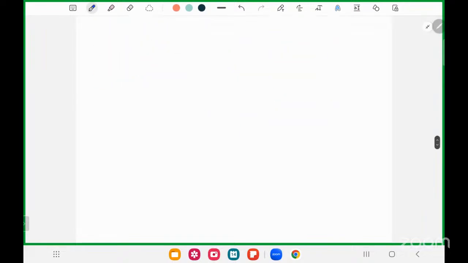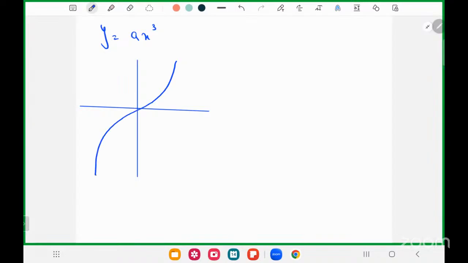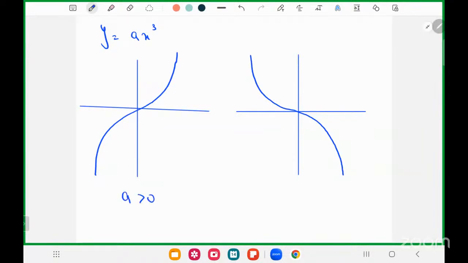Next, y is ax cube. So if a is greater than 0, the shape will be like this.